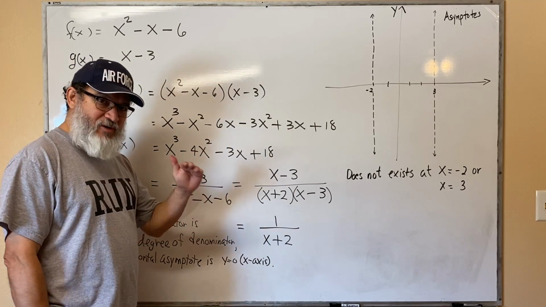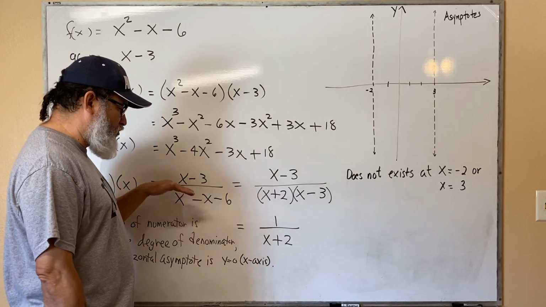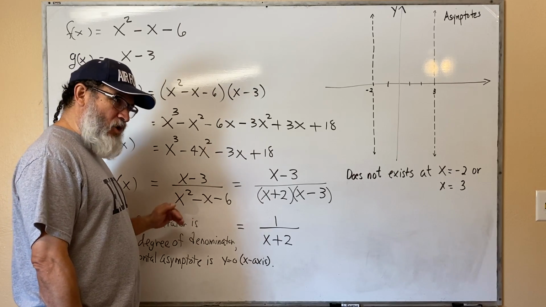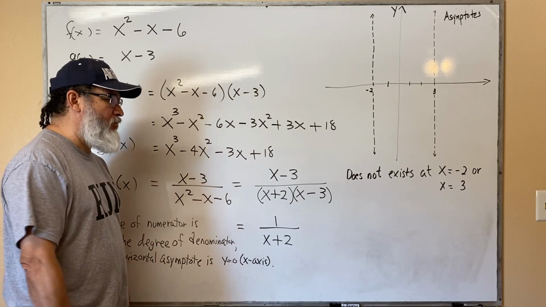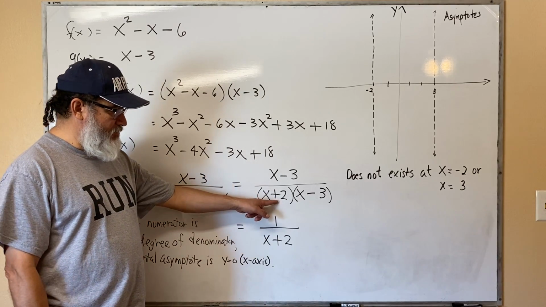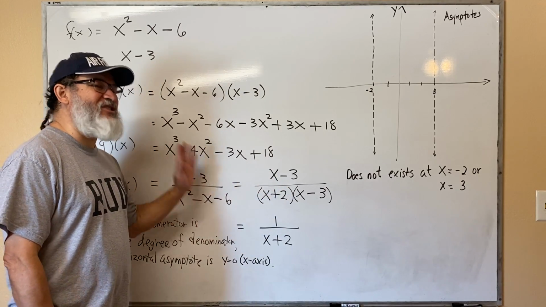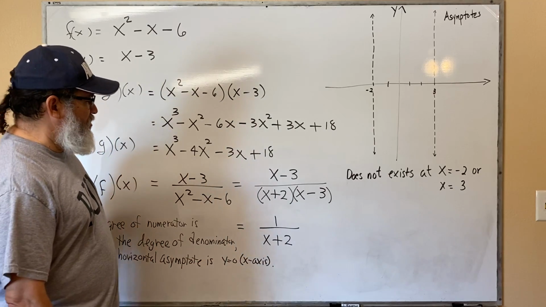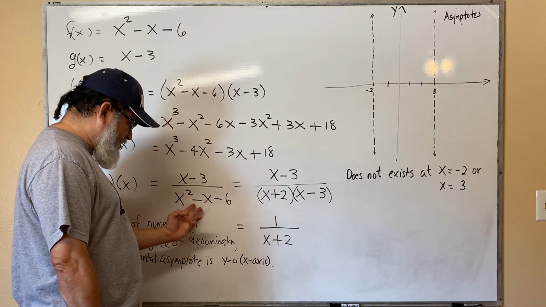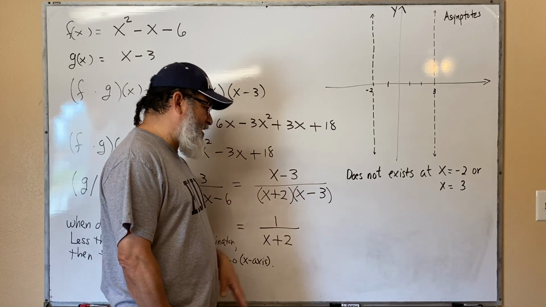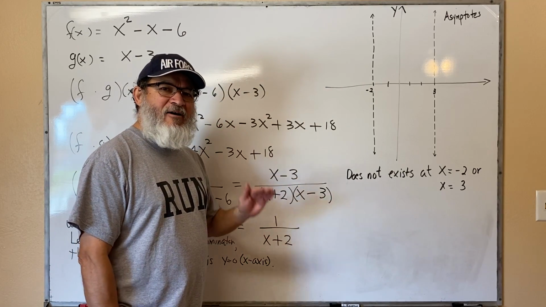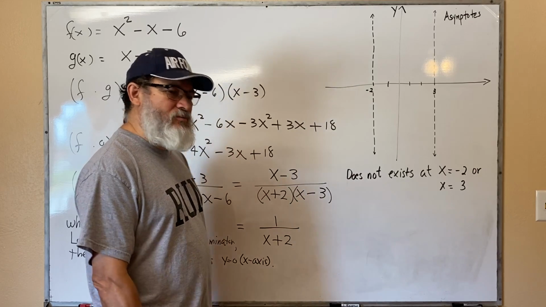To find the vertical asymptotes, all you have to do is find out what makes the denominator 0. We found them right there. And you do that before simplifying. So here I factor this denominator, and here we go. Before I simplify, I found my vertical asymptotes.